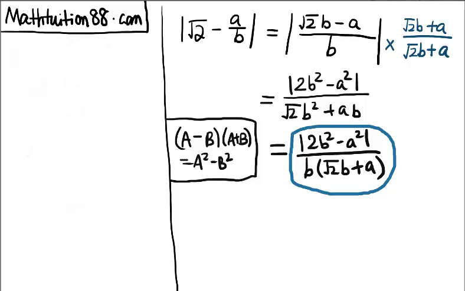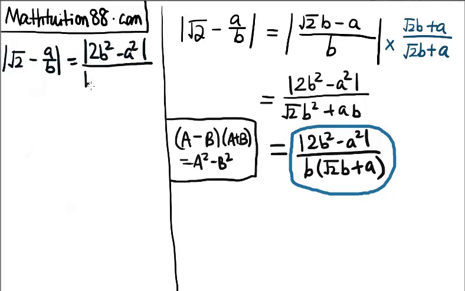So what we have proven currently is that square root 2 minus a over b equals 2b squared minus a squared over b times root 2 b plus a. Thanks for following me until this moment.